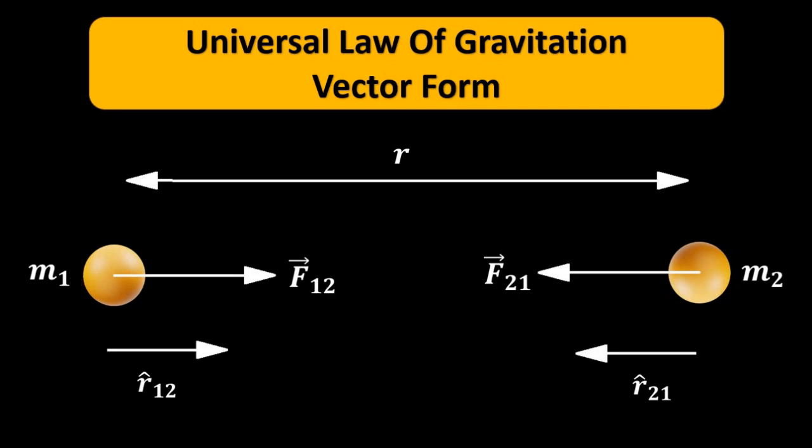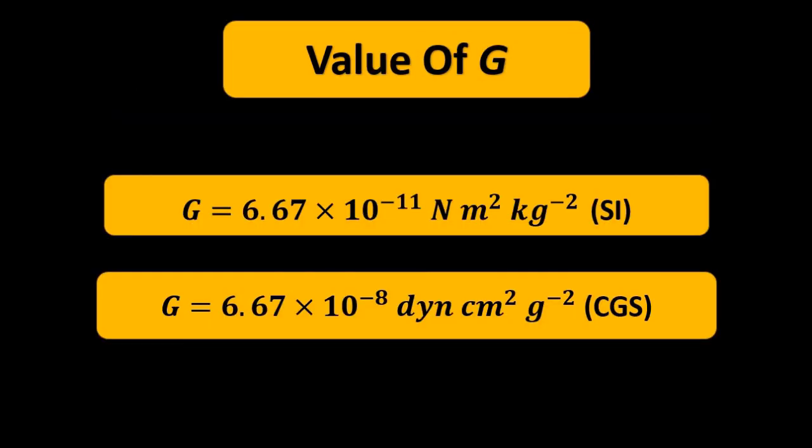Here, the R12 vector magnitude is equal to the R21 vector magnitude, which is equal to R.